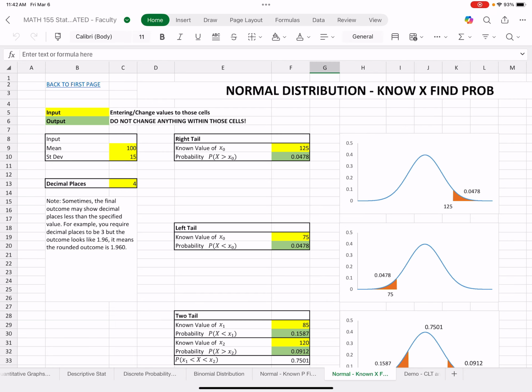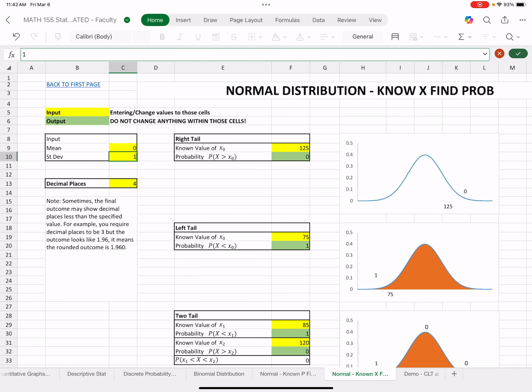We put in a mean of 0 and a standard deviation of 1, because we are talking about the standard normal curve.